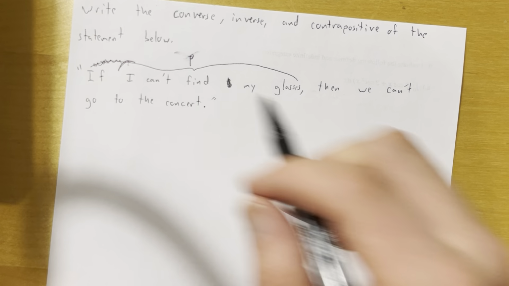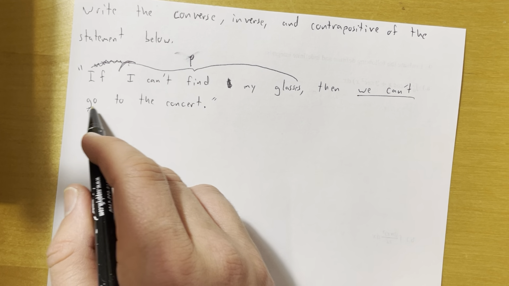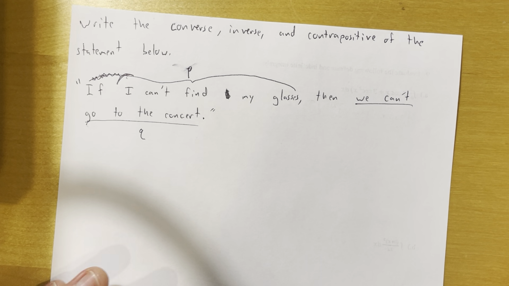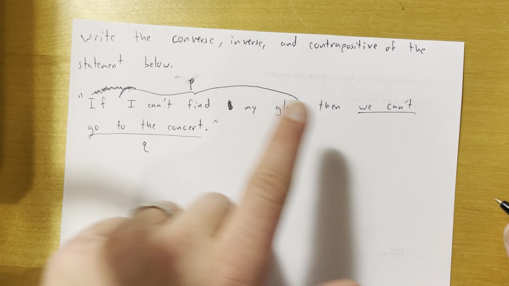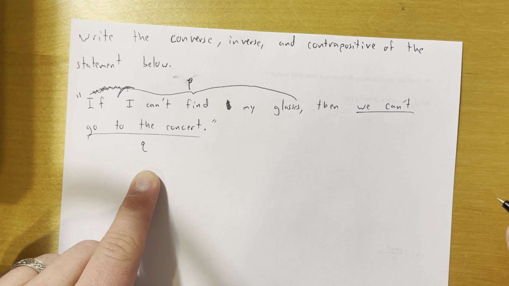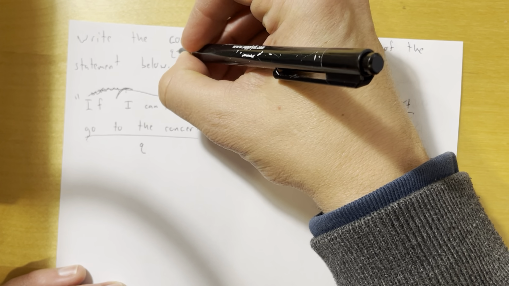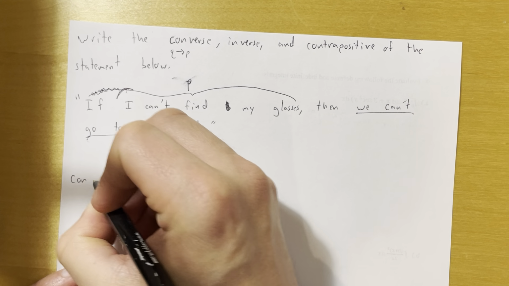That's P. Sorry, smudged that. This part, then we can't go to the concert, is my consequent. I'm going to think of that as Q. So the converse. Remember, if you have a statement of the form P implies Q, the converse switches P and Q. So the converse looks like Q implies P. Okay, so down here I'm going to write my converse.